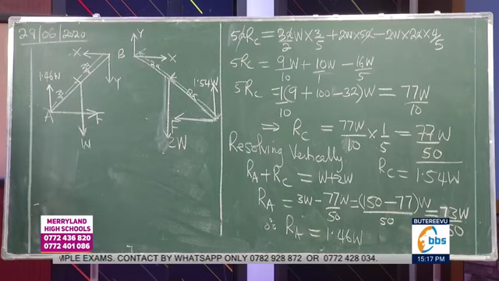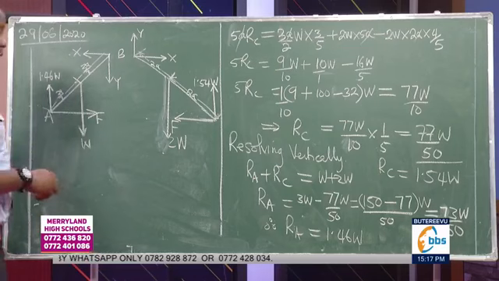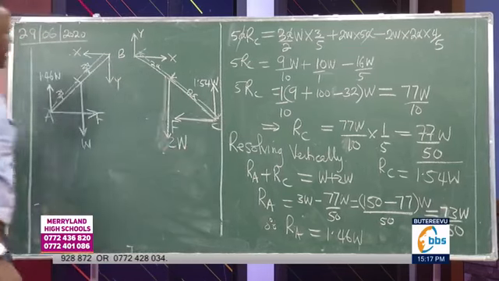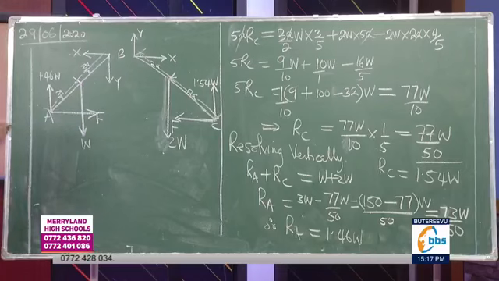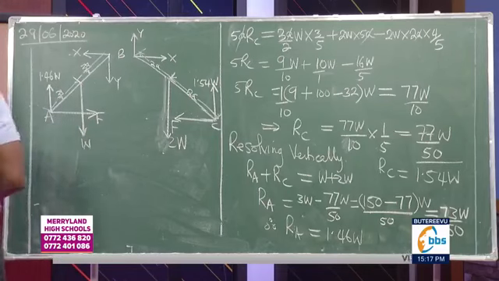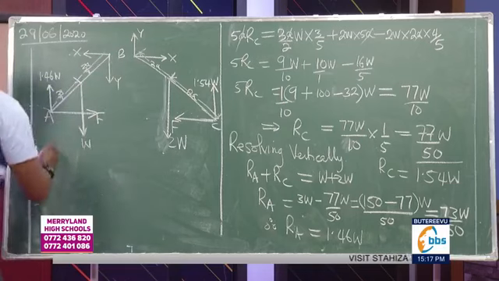Now we have a diagram over there, and what is our interest? Our interest now is to find X and Y. We shall take the less crowded rod. They are all equally the same, but we shall use AB.